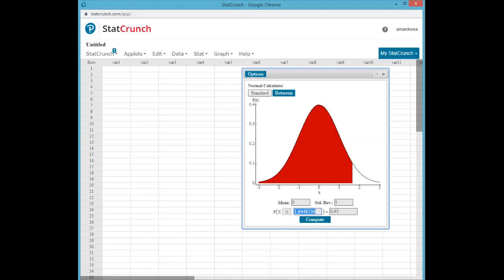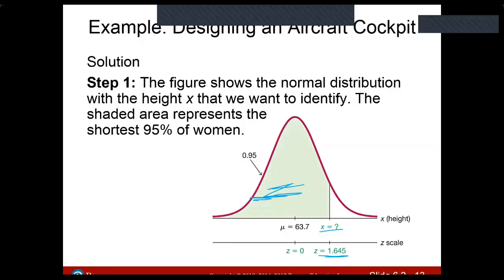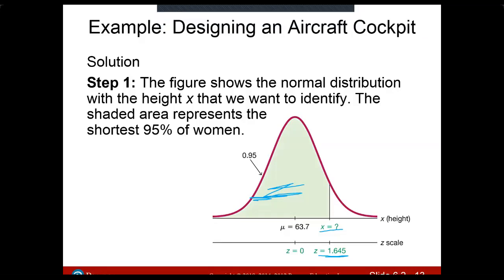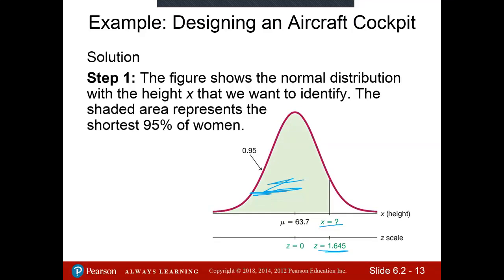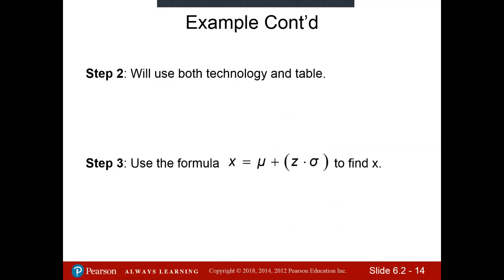Very good. Now let us go back to our PowerPoint and then answer the question. That's how I got this point, where this is my z-score. So I'm going to use the formula to find this.